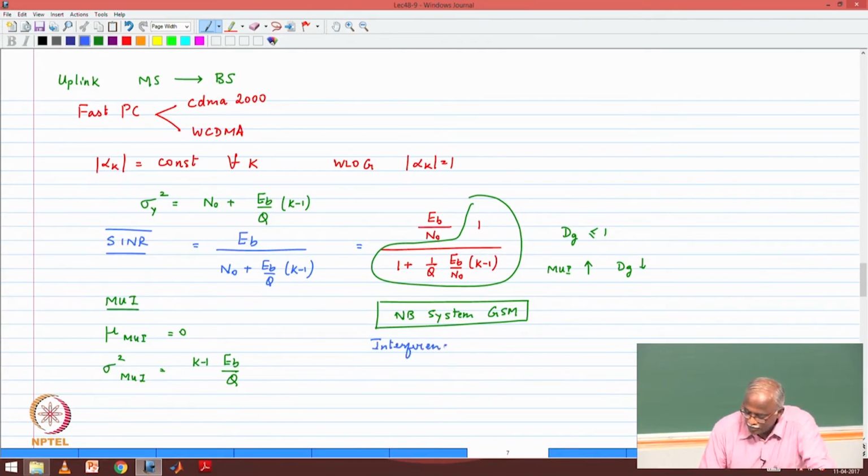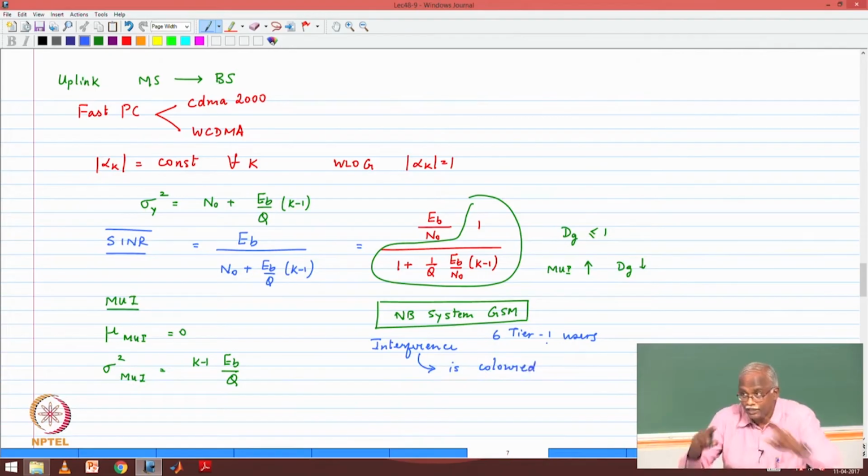Interference comes from 6 tier 1 users at most, and though there are 6 of them, the interference still looks like a GSM signal. So the way we characterize that, we say that the interference is like colored noise. It has a strong spectral shape which looks like the GSM signal.